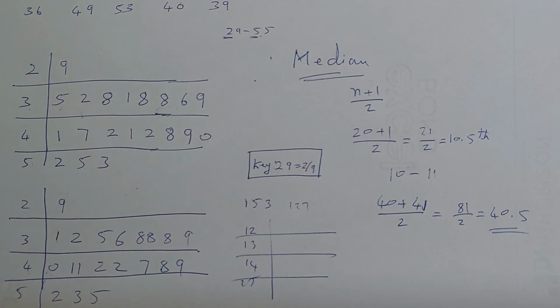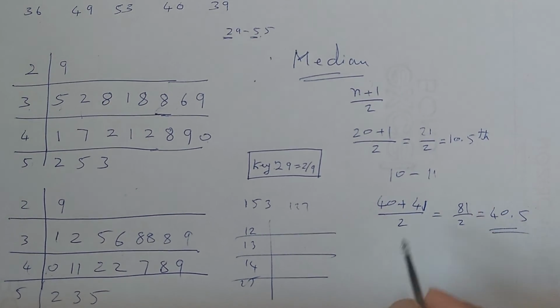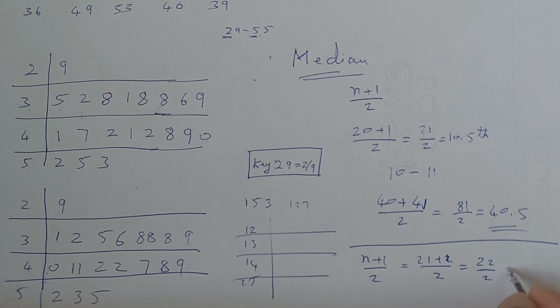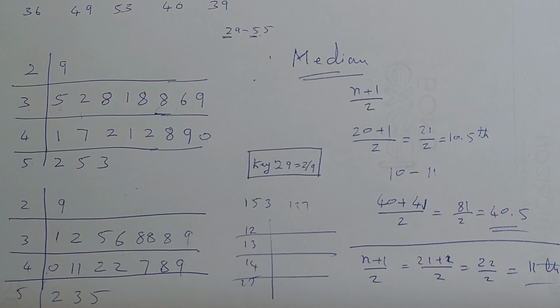For example, if you have 21 values, you can just do n plus 1 over 2, which is 21 plus 1 divided by 2, which is 22 divided by 2, which is 11th value. Just go and pick the 11th value.